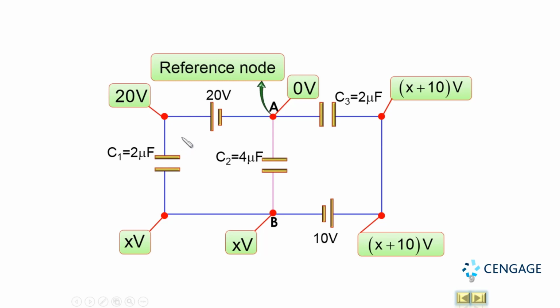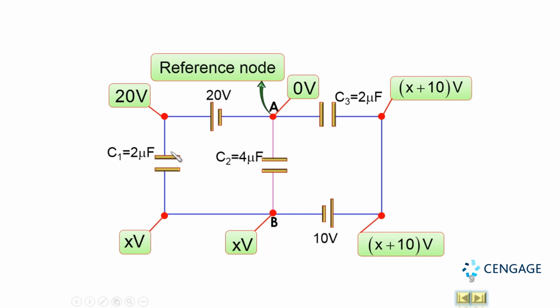Now it is time to find the charge on the plates of each capacitor. Now let us start from capacitor C1. We can observe the potential of this point is 20 and this is X. That is, the potential difference across this capacitor is 20 minus X, and the capacitance is 2 microfarad.